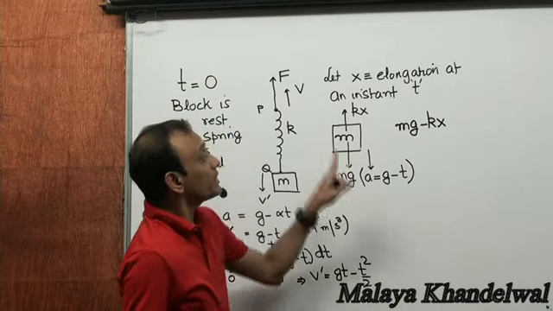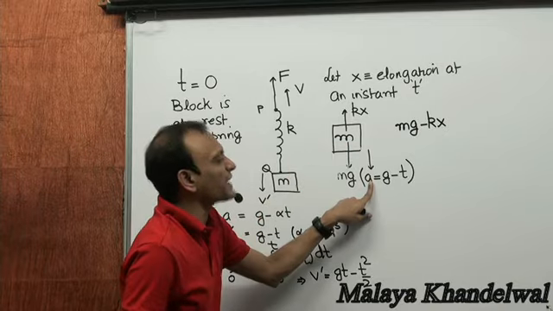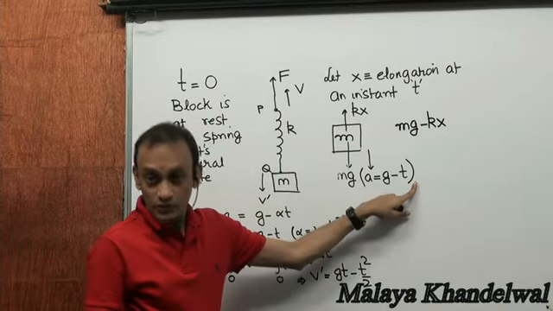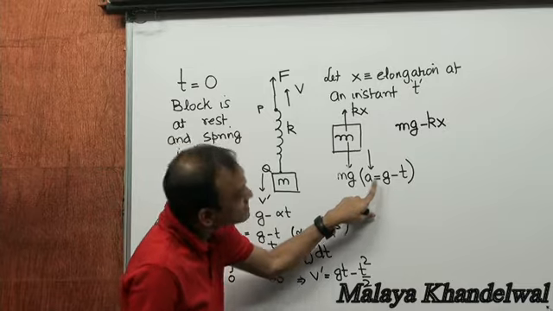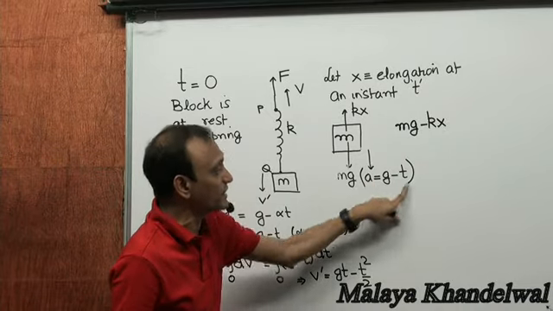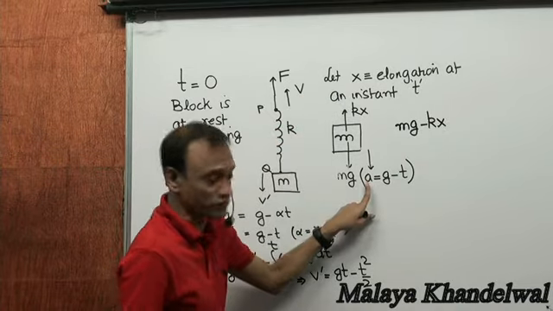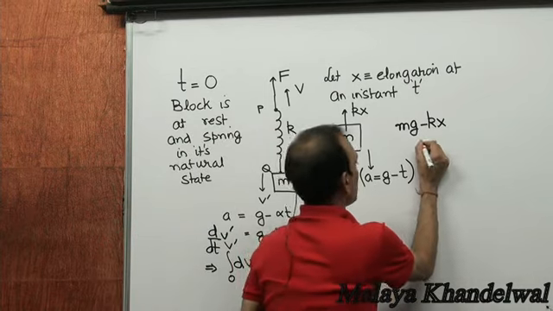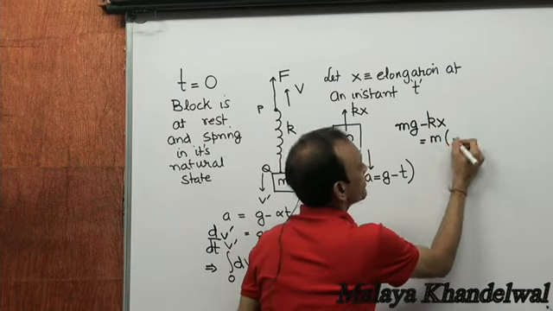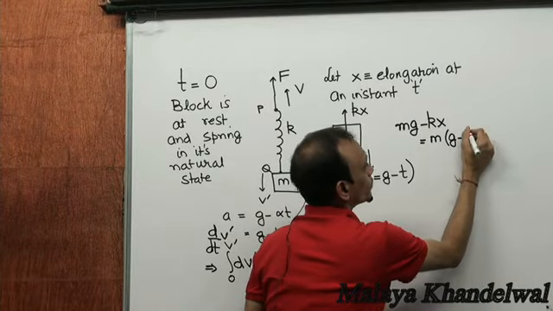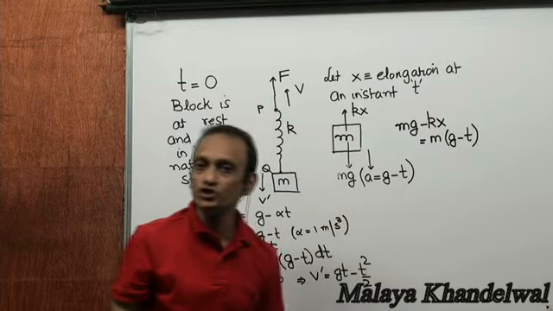That must be equal to mass into acceleration, which the problem gives as a function of time, g minus t. So, mg minus kx equals m into (g minus t).